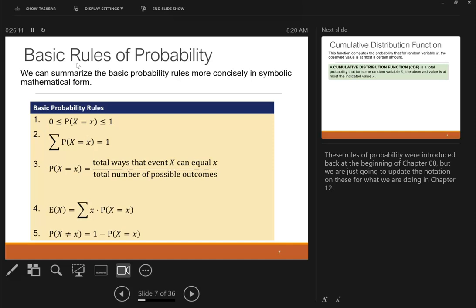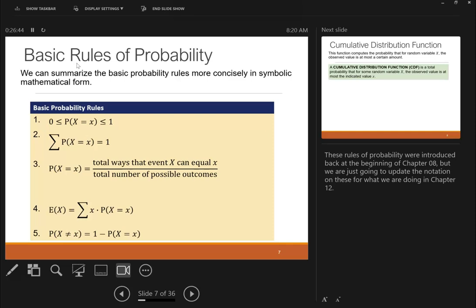So in the case of rolling 2 dice and looking at the sum, if I want the expectation of x, I'd look at x equals 1. Well, the probability of that is 0. X equals 2, the probability of that is 1 out of 36. X equals 3, the probability of that was 2 out of 36.